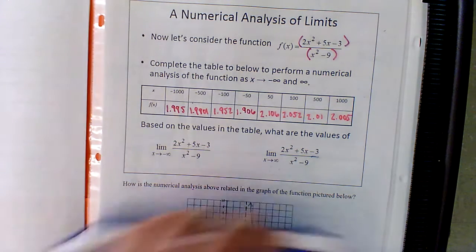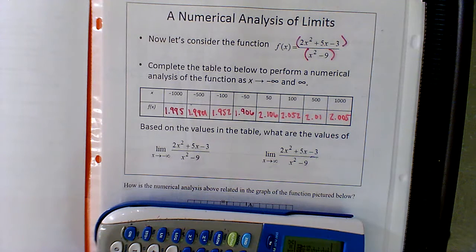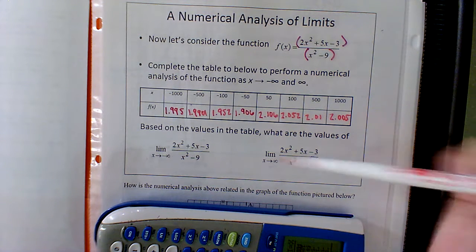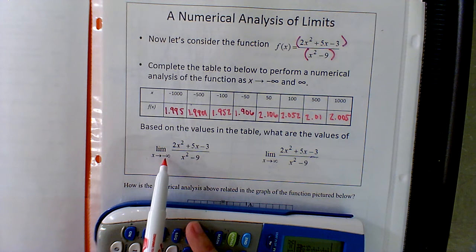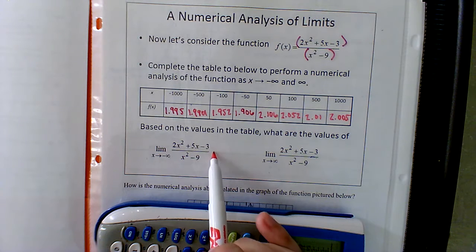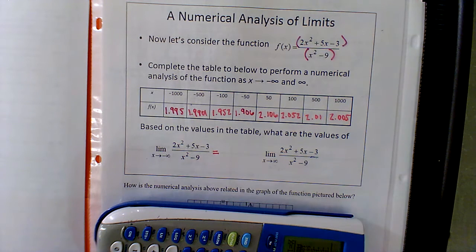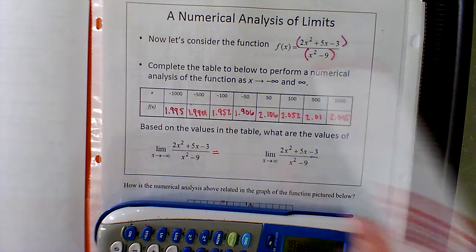All right, so remember, we're pretending that we don't have a graph in this case. All we have is an equation. So let's see if we can use this information to help us evaluate a limit. As the x's get very, very negative, what is this equation getting closer and closer to? Remember, we're looking for the y values.